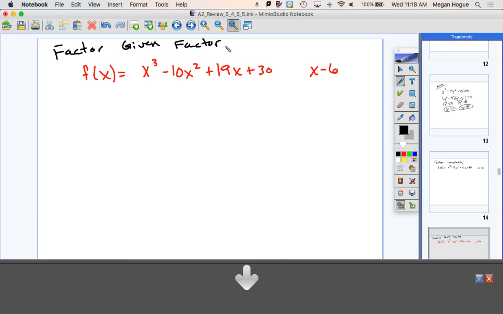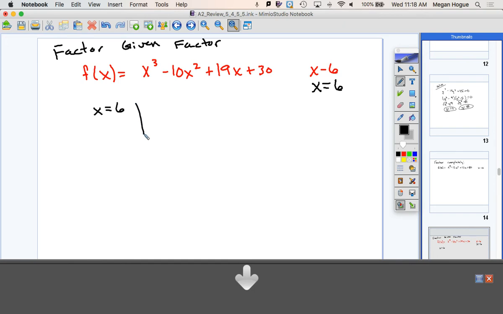Again, whether I'm dividing, factoring, or solving, I'm going to write the binomial and the x equals. So in this case, Jared, what's my x equals? X equals 6, yeah, it was x minus 6. The x equals is what I use for the synthetic.